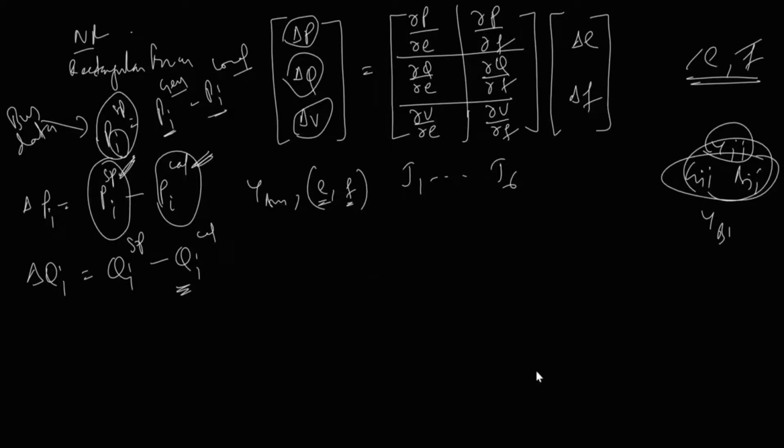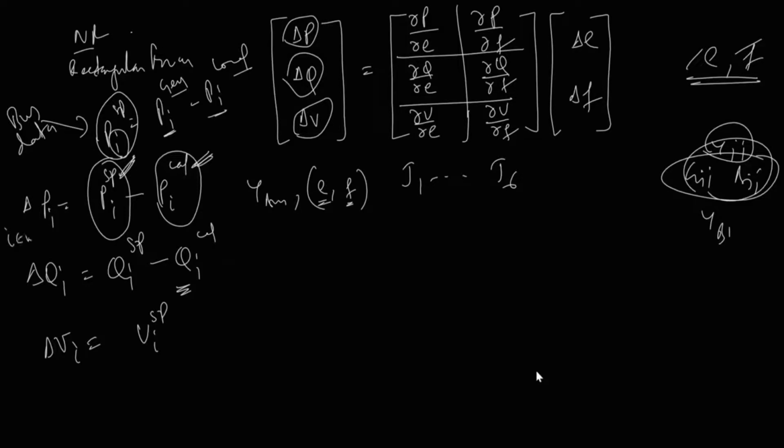And what is the third equation? How do I take the delta V? Delta V is equals to Vi specified. Each i is different.